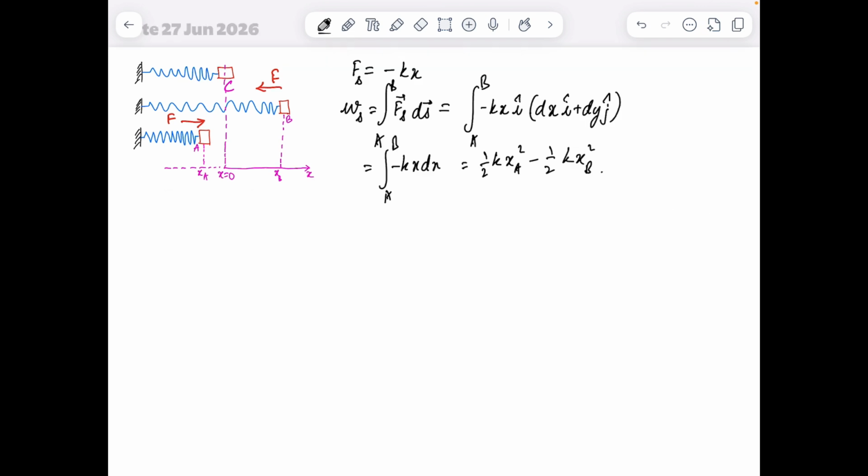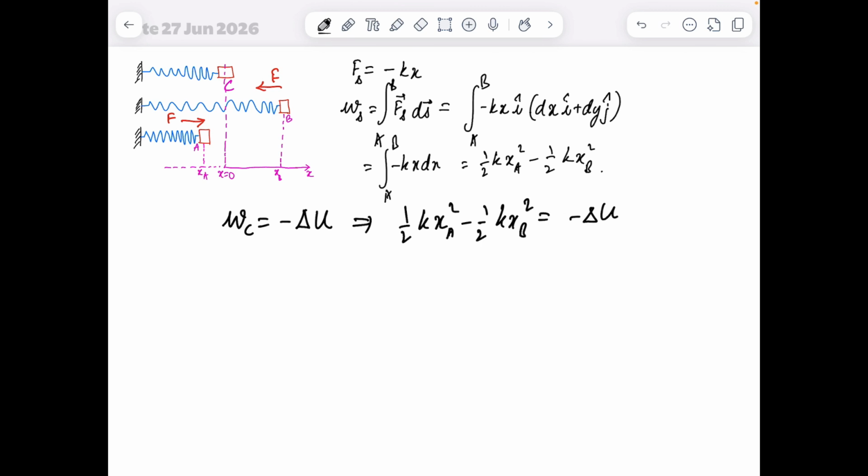Now of course we know that work done by a conservative force is the negative of the potential energy function. So from this we have half k x_A square minus half k x_B square is equal to minus delta U, which implies delta U is equal to half k x_B square minus half k x_A square.